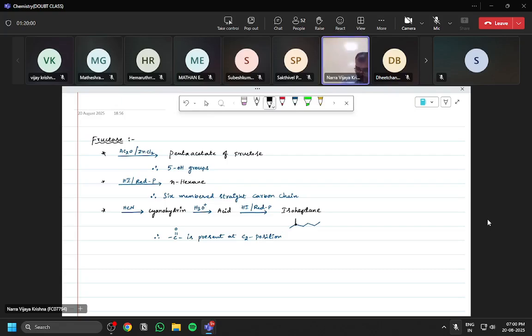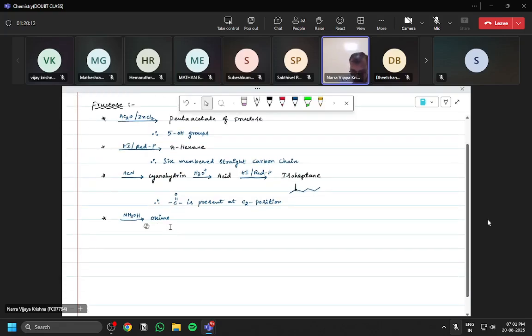Another reaction, with hydroxylamine, NH2OH. Glucose gives oxime. Here also I got oxime. Glucose reacts with 3 moles of phenylhydrazine and gives osazone. Here also I got a yellow colour precipitate of osazone. Both these reactions confirm the presence of a carbonyl group.